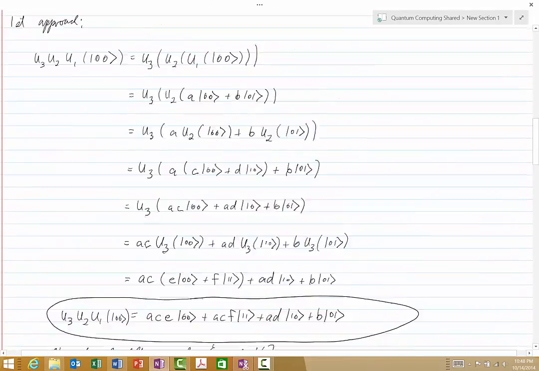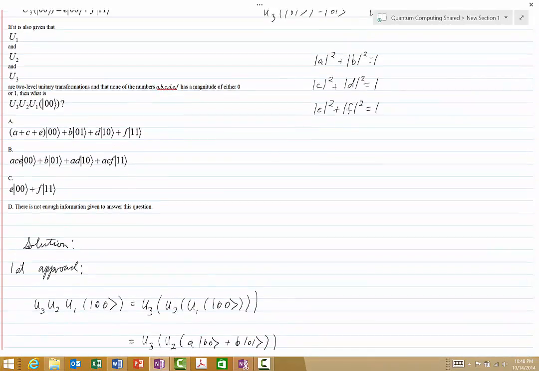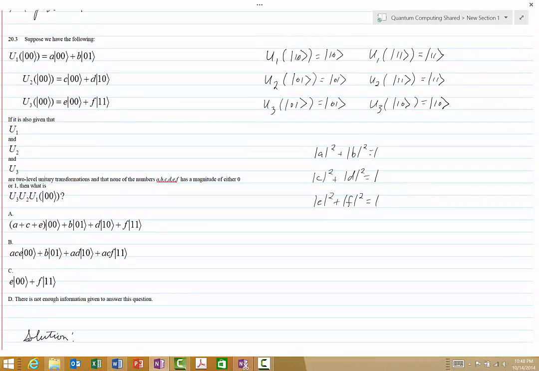Let's check this problem because we want to make sure this is right. Yes, you see up here, U2 is equal to C of 0, 0 plus D 1, 0.